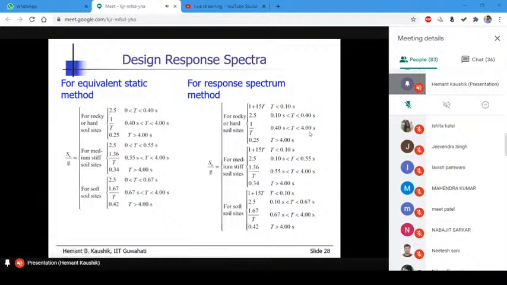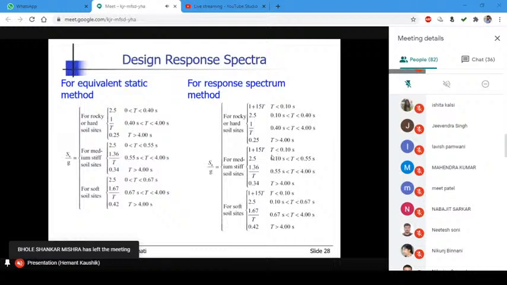Between 0.4 and 4 seconds, it varies as the inverse of T, and beyond 4 seconds, you can consider this constant as 0.25. For different soils, this is more or less the same, but the only change is the time period during which that plateau can be considered. It increases with the flexibility of the soil. So for soft soils, the plateau goes further.